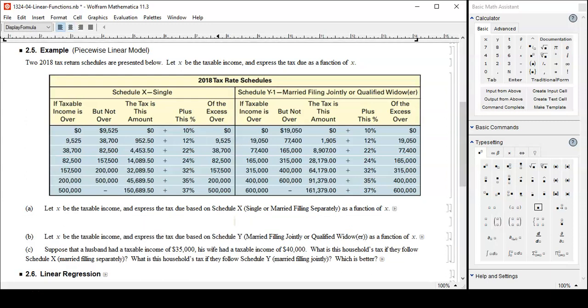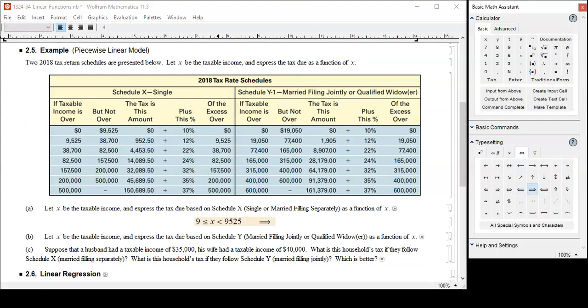Then the tax money that you have to pay is going to be 0 plus 0.1x. That's what you get from the first line. Make sense? The interval is explicitly here, and then you have to read this in order to figure out the tax for that.